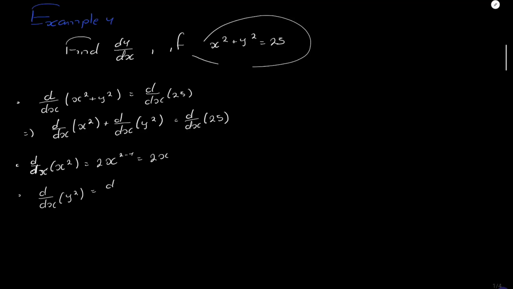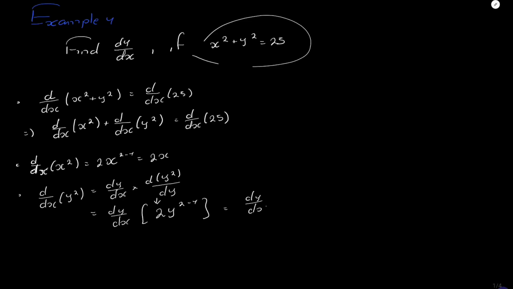So this gives us dy/dx times the derivative of this function with respect to y. Now, the derivative of this function with respect to y gives us the term 2y to the power 2 minus 1, which gives us dy/dx times 2y.